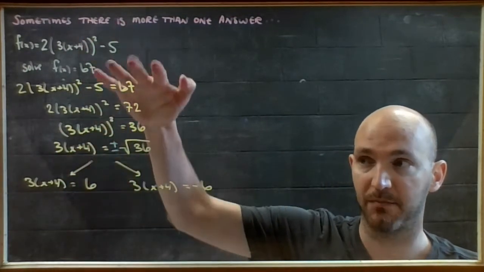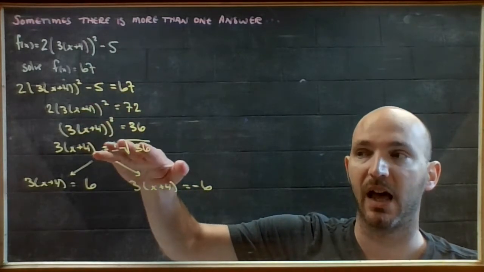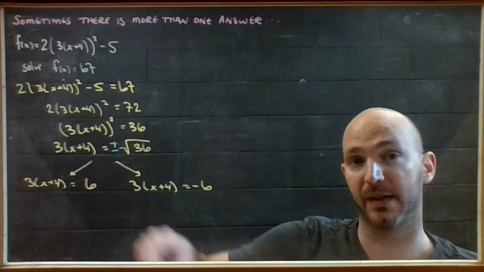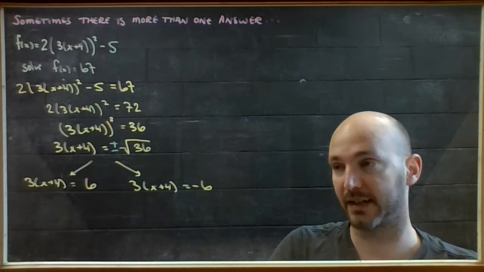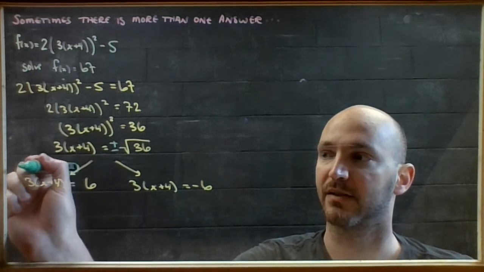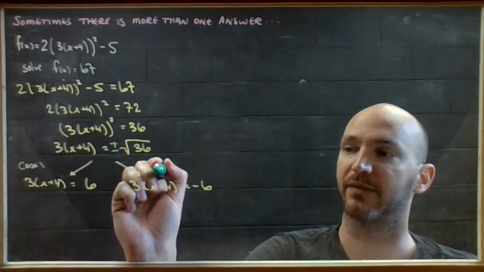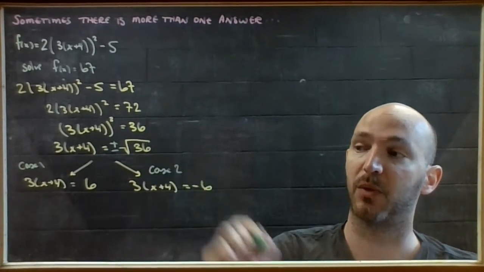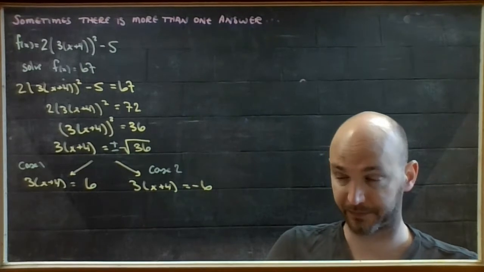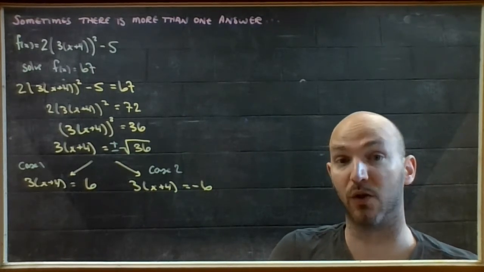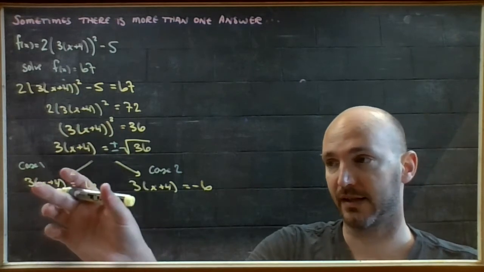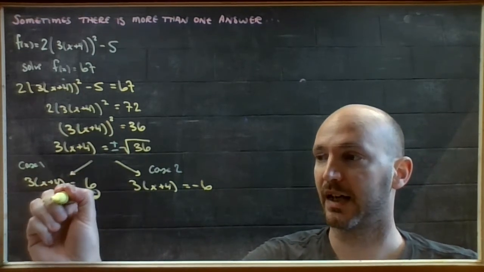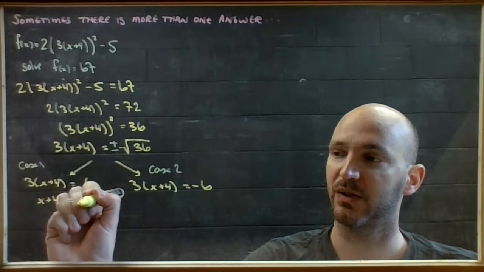So if I came backwards to that point, I don't know which one of these pathways I started from. So I'm going to have to consider both. What that's ended up doing is generating cases. So I have case 1 over here, and I have case 2 over here. Both of them are valid solutions, so I have to carry on as though both of them are true. So if I finish this case, divide both sides by 3, I get x plus 4 is 2.